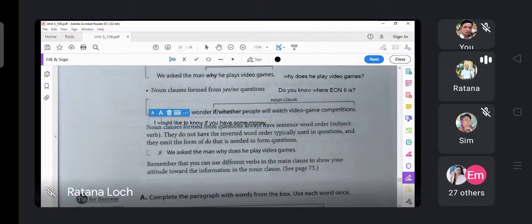Because I want to borrow some, right? Okay, so you can say this is an indirect question, in terms of noun clause.